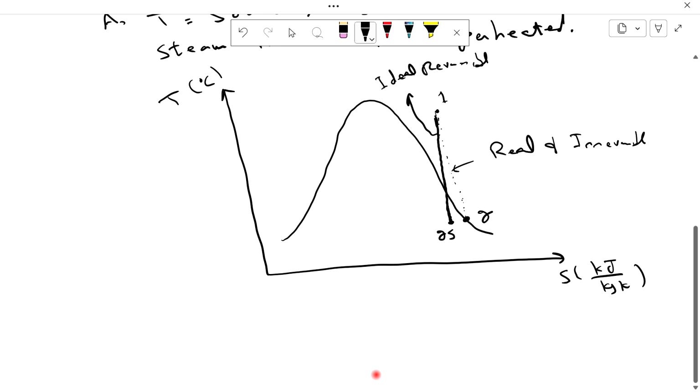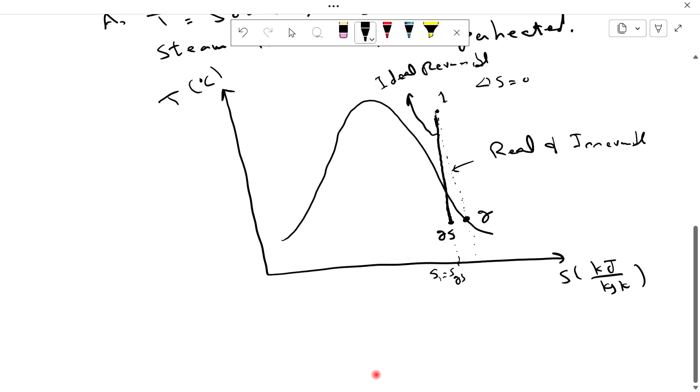We know that entropy will be either constant or increase. For the ideal reversible process, entropy is constant and change in entropy is equal to 0. In the real and irreversible process, entropy increases from 1 to 2. This is S2 and this is S1. At this point, S1 is equal to S2S.